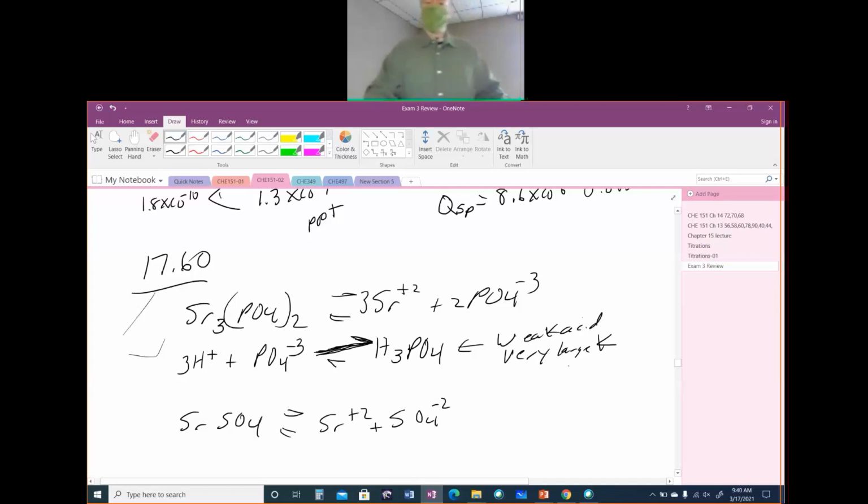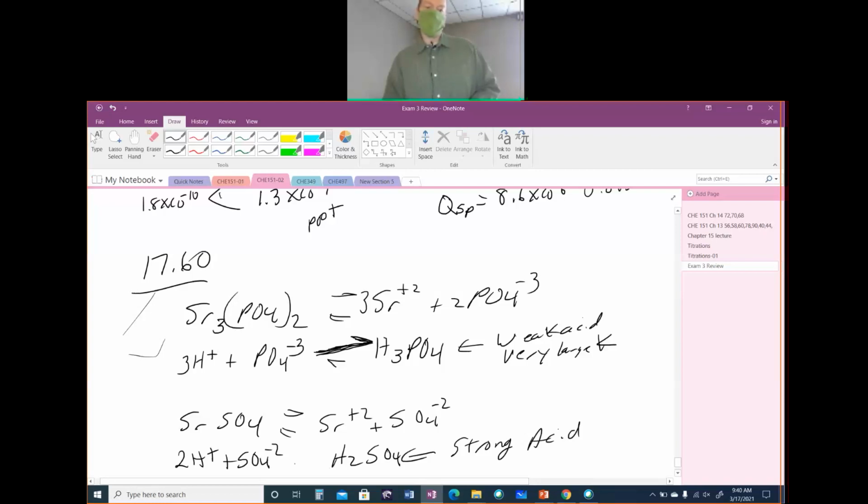So it's 1 over the Ka, multiplied by the Ka1, Ka2, Ka3. Here you have your 2H plus reacting with your SO4 minus 2, and that's going to give you H2SO4, which is a strong acid.